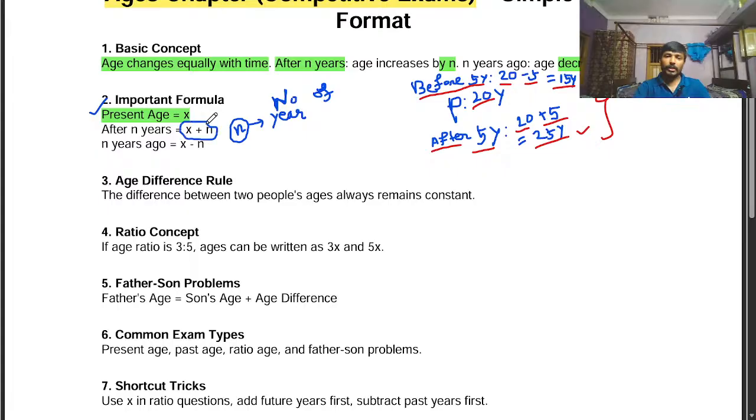And what was my age n years ago? We know that it is x minus n, because x is my present age.